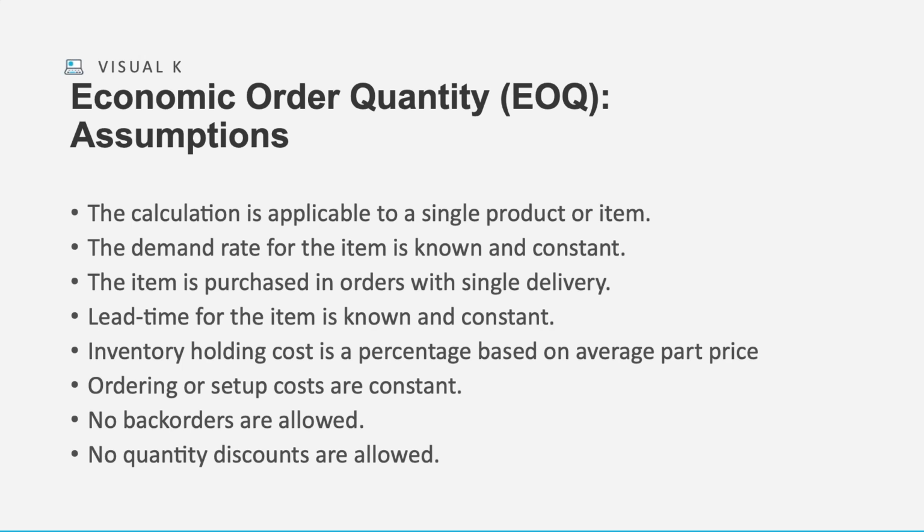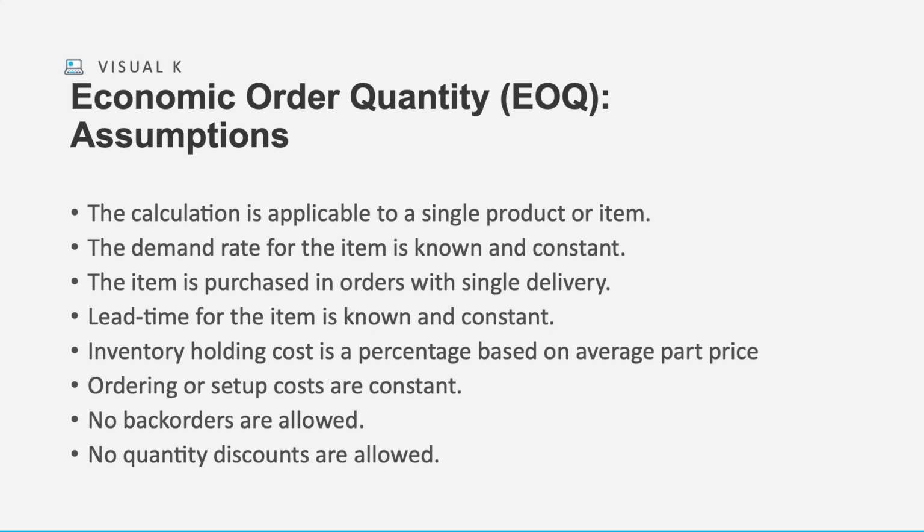Okay? We also have that the ordering and the setup costs are constant, right? So for example, you know that bringing that item is going to cost you some shipping and some handling, right? And some custom charges, for example. That can happen, but you know that those values are constant, right? It also takes into consideration there are no back orders, right? Typically, you're buying things because you need them and they are available, and basically you are ordering the full thing, not something back ordered.